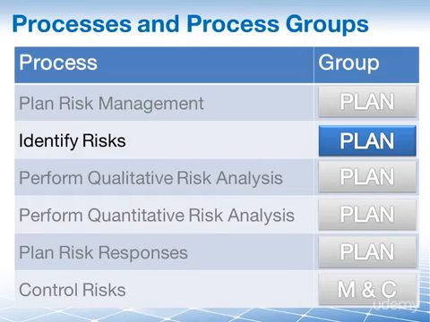Almost all processes in this knowledge area fall into the planning process group. We started out with plan risk management, obviously in the planning process group, and we have now moved on to the focus of this lesson, which is identify risks, and we're staying in the planning process group as well.